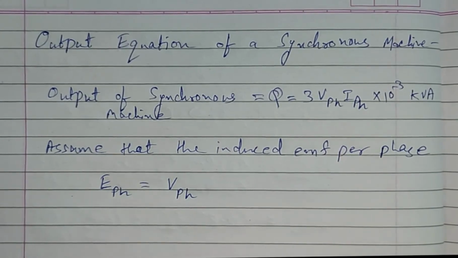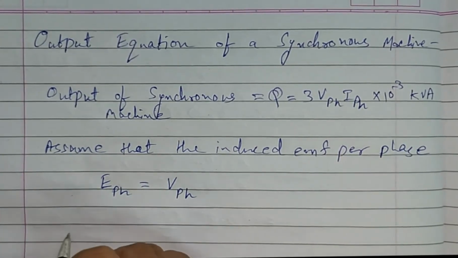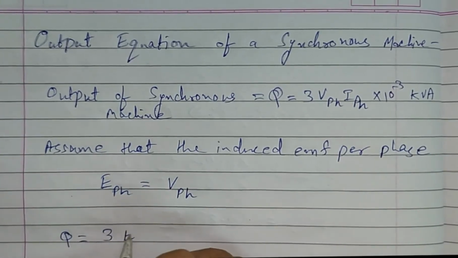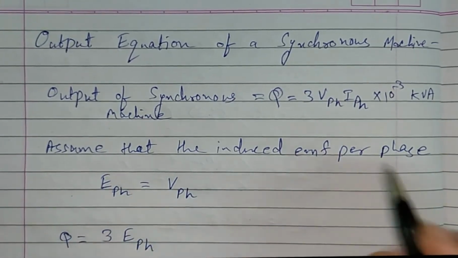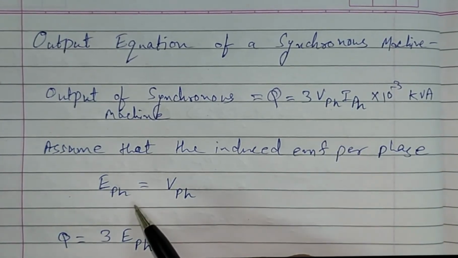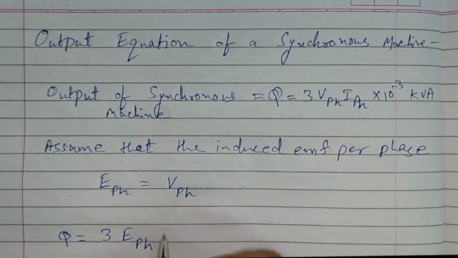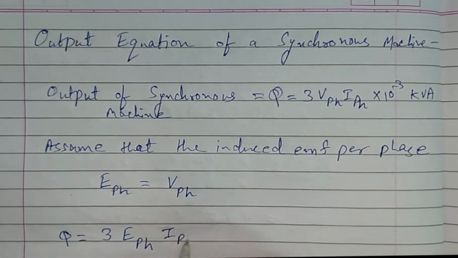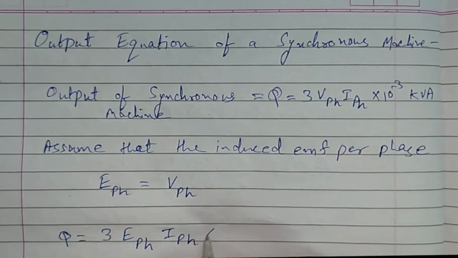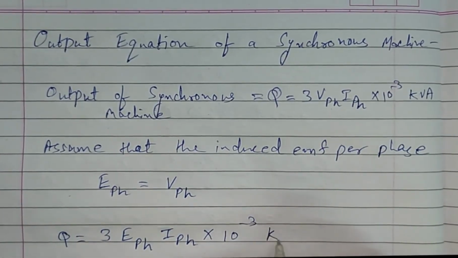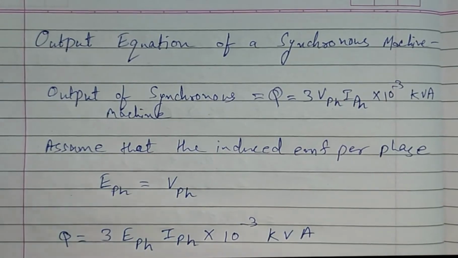Moving ahead, the output equation, that is Q, can be further given as 3 into EPH. We have substituted this VPH with EPH, so 3 into EPH into IPH into 10 raised to minus 3 kVA.